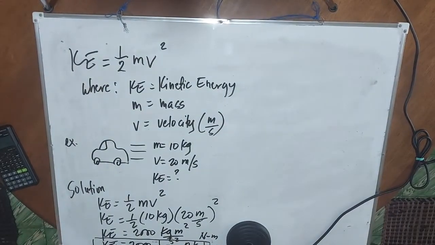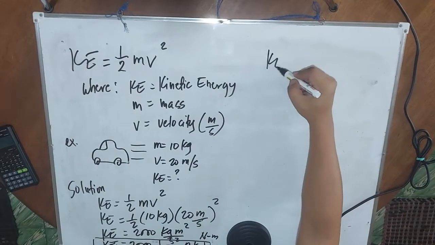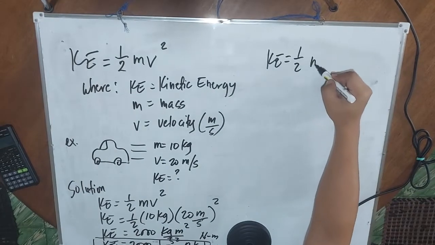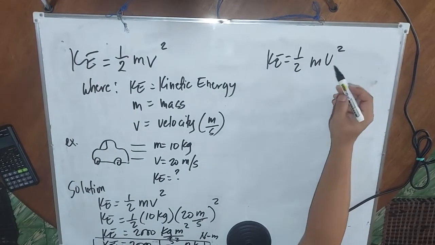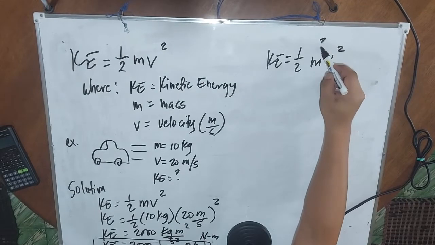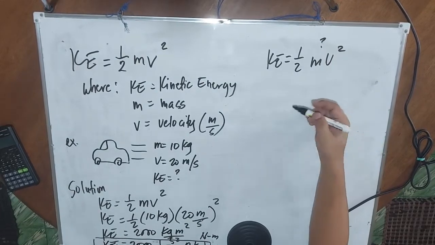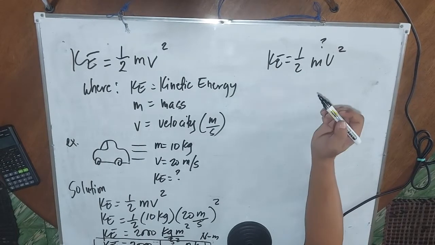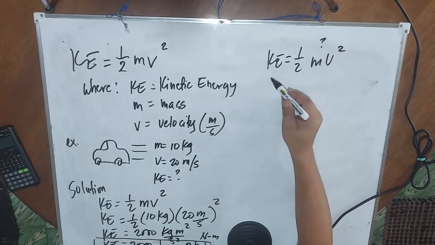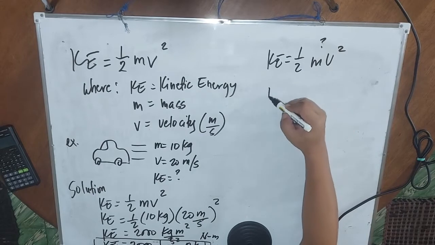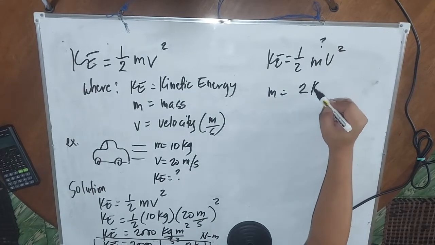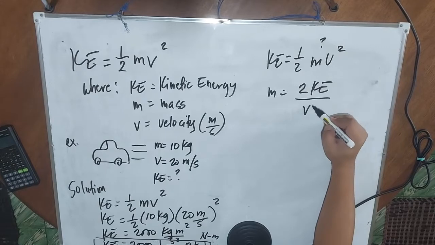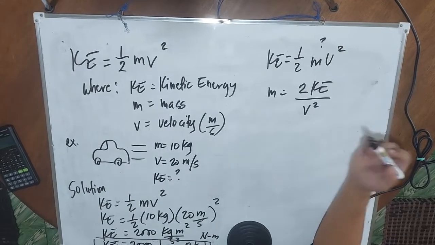Yan. So, kung meron kang kinetic energy problem, 1 half mv squared, pwede naman na mass ang unknown. In that case, again, it's a simple manipulation of equation. Cross-multiply mo lang yung 2 at the other side and divide it by the v squared. So you would have m is equal to 2 KE divided by v squared. You are computing for the mass.